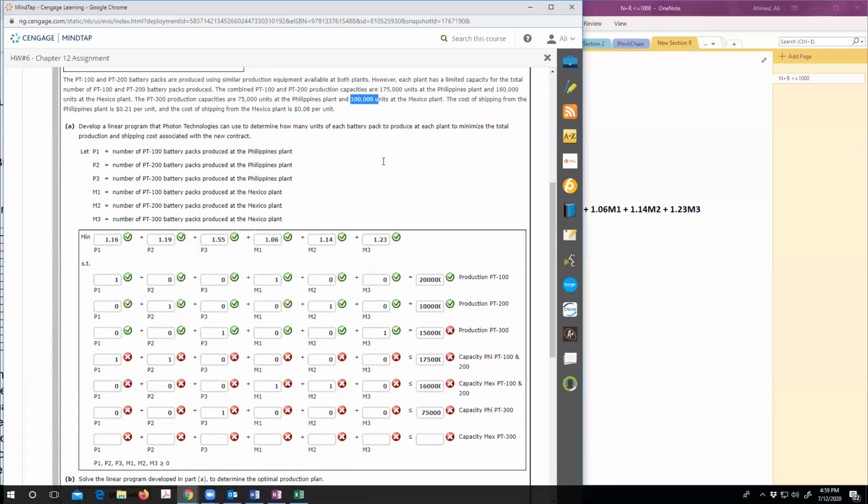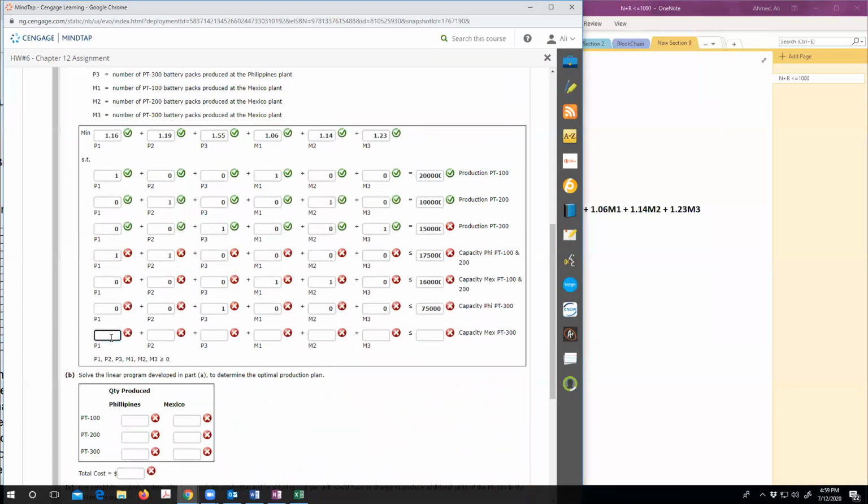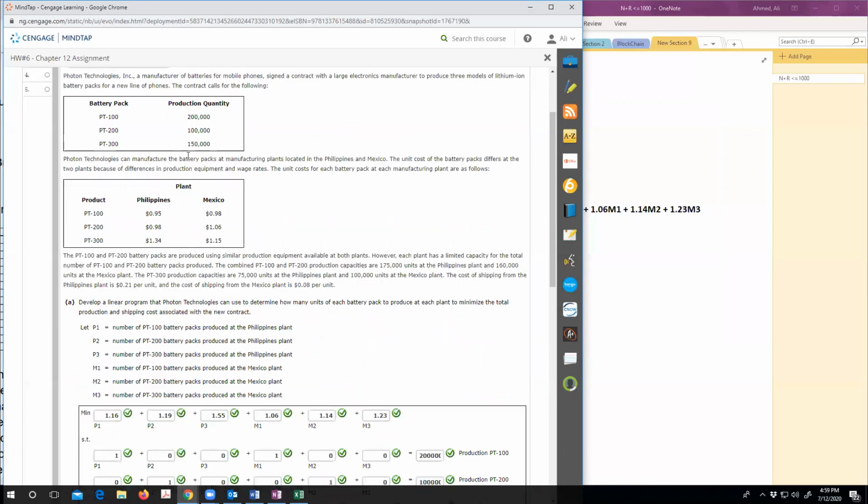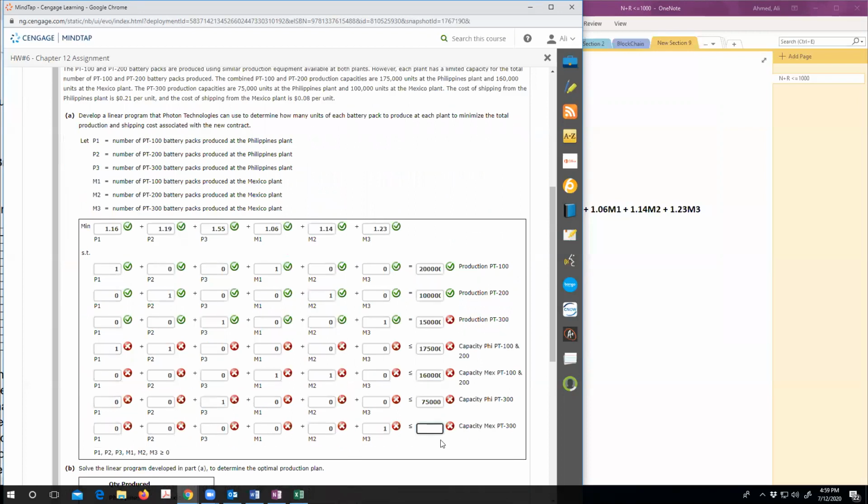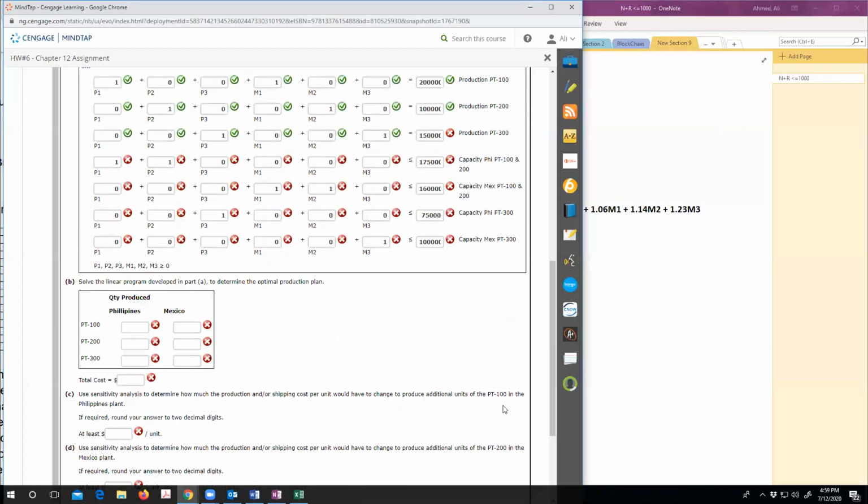And for Mexico, this can be made at 100,000. All right, so this is our setup.